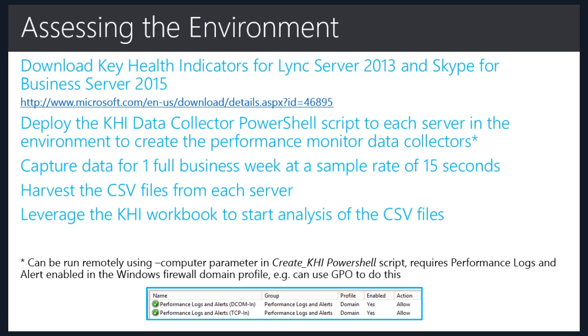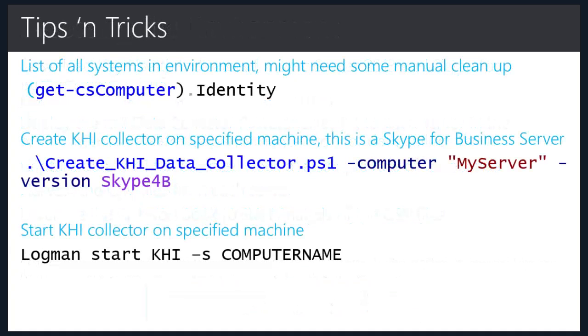Once the data is captured, we need to collect all these CSV files and run them through the Excel workbook to analyze all of this data. Here are some tips and tricks that you might leverage if you want to script all of the setup and the data collection.